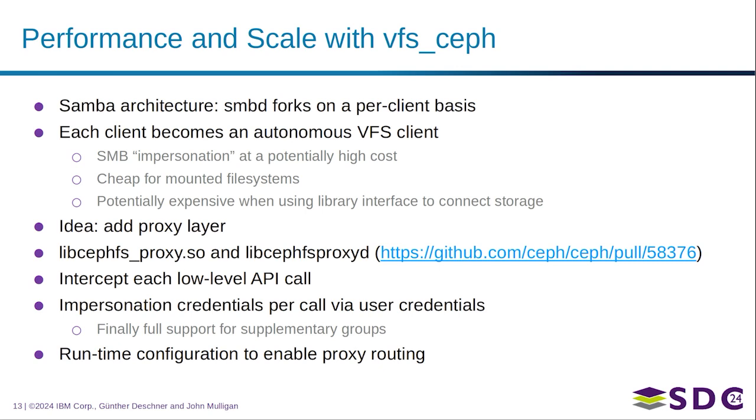But in our case, each smbd process becomes an independent VFS client, loading its own copy of the libcephfs library, at the cost of a very expensive memory footprint, and also latency and other side effects. This is a serious limitation for scalability, because with a small number of clients you can easily consume all the existing resources on your server. This is something we definitely want to overcome.